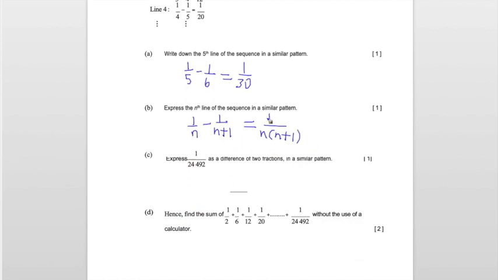So following this pattern here, a number like this can be split up into two numbers which are equal, and that will be 1/156 minus 1/157.